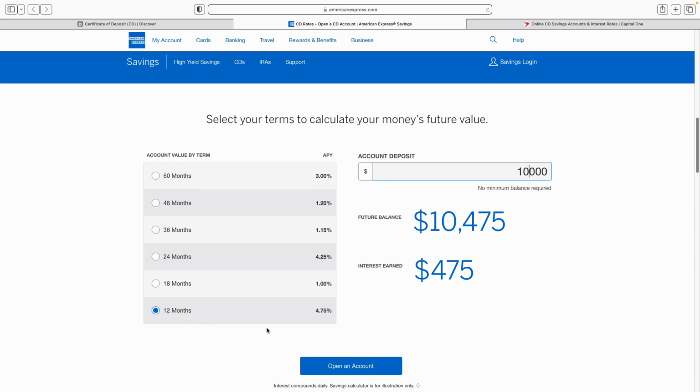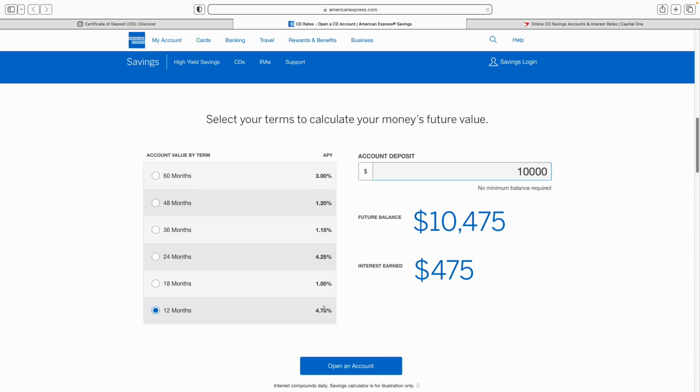At the end of that year, you're going to get 4.75% on that investment, which comes out to $475 interest earned. And so that is the APY, because it is saying that at the end of 1 year, you will have your initial investment increased by the 4.75% interest.